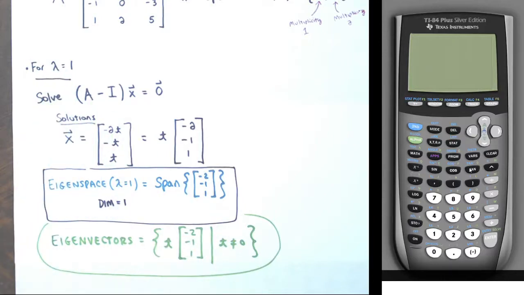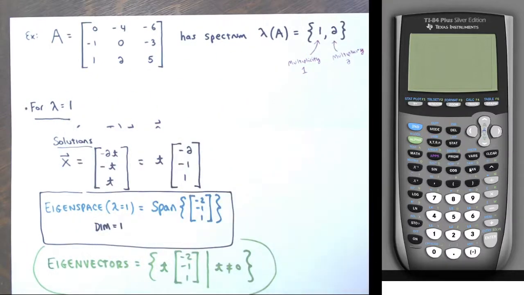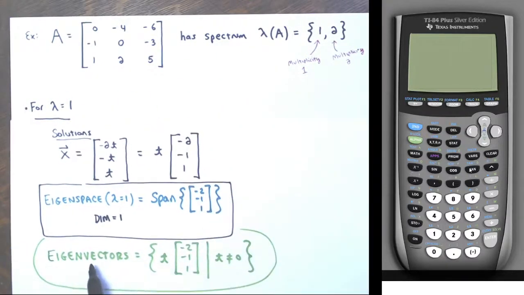You're just going to get that vector back. Okay. Wonderful. Now finally, the last of these. So that was for lambda equals 1. We found the corresponding eigenvectors right down here, all these multiples of -2, -1, 1.